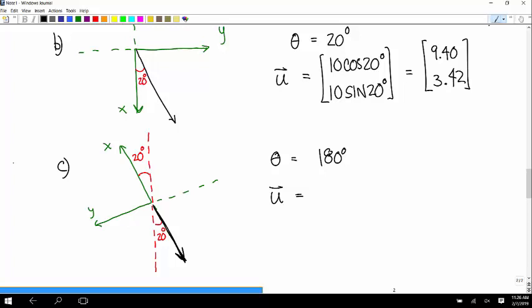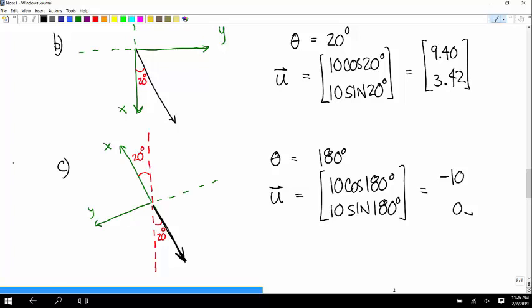Okay, so u is equal to 10 times the cosine of 180, 10 times the sine of 180, and that's negative 10, 0. So what that says, remember what these components are about, is if you start at the origin, how do you get to the head of the vector by first going parallel to the x-axis and then parallel to the y-axis?